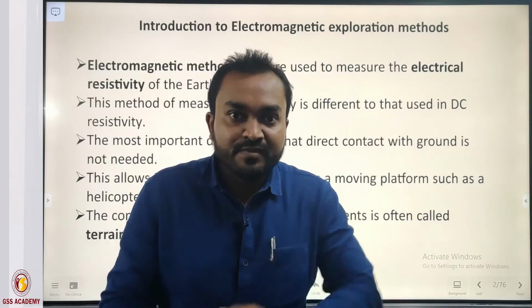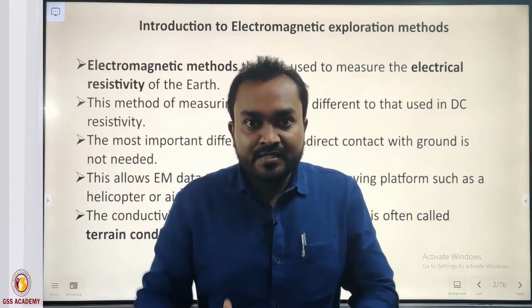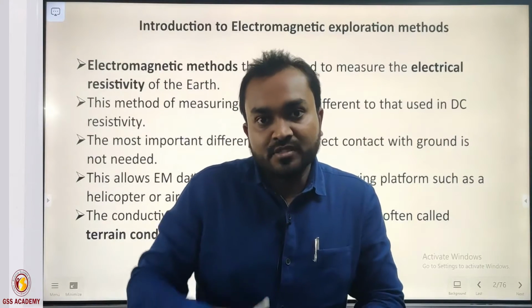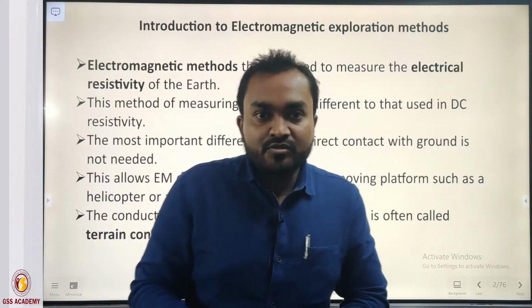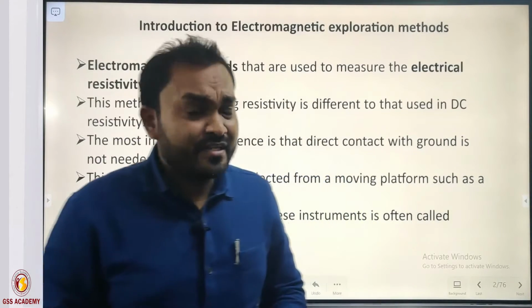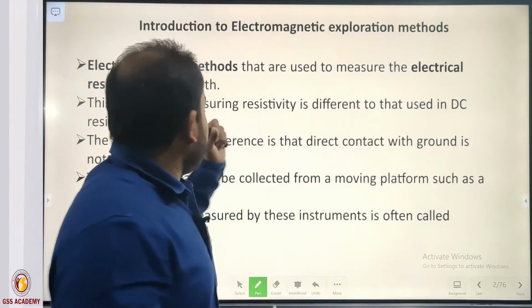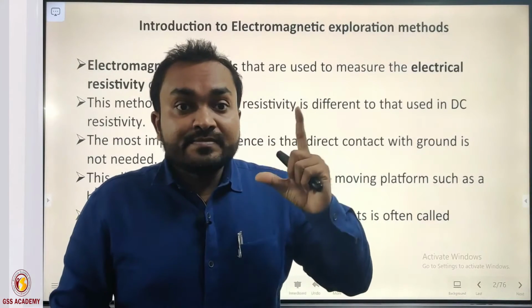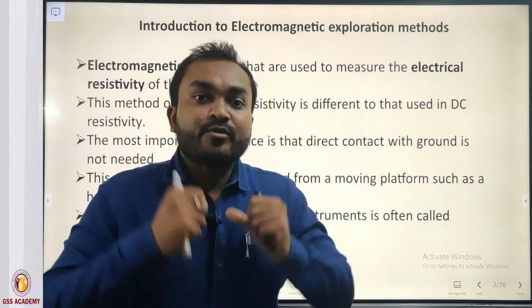The resistivity measured using this electromagnetic method is called the terrain resistivity or terrain conductivity. You know how resistivity and conductivity are related, so I am not telling. So this is basically the electromagnetic method.